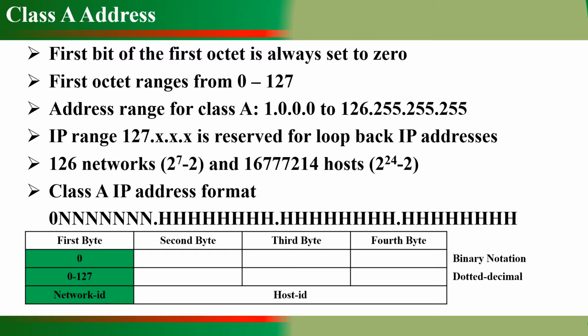Because 1 bit of first byte we have kept reserved, so we are left with the remaining 7 bits for network ID. Class A IP address format is first byte represents network ID, remaining 3 bytes represent host ID.